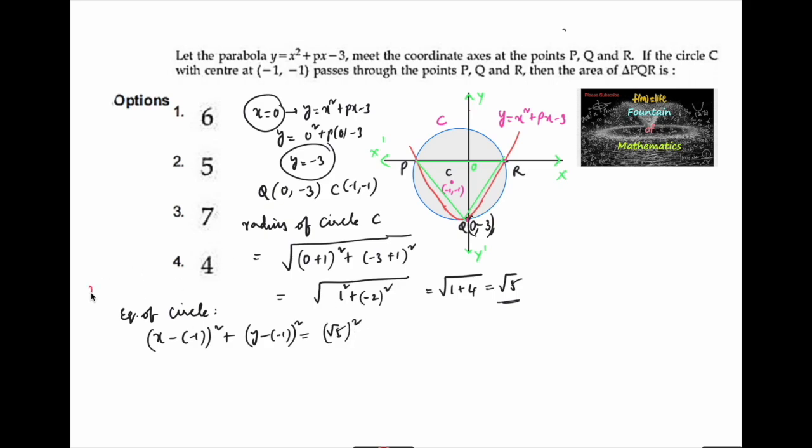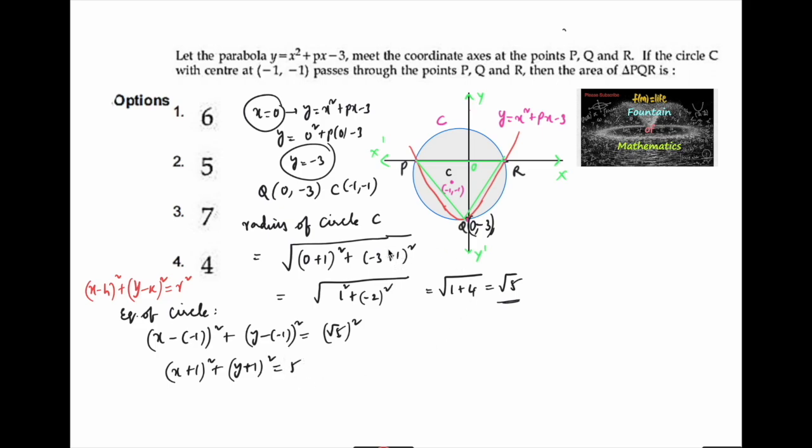By using the formula x minus h whole square plus y minus k whole square is equal to r square, where h comma k is the center. So simplifying, we get x plus 1 whole square plus y plus 1 whole square is equal to 5.